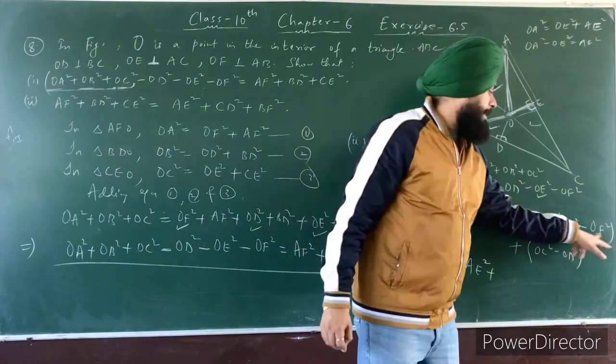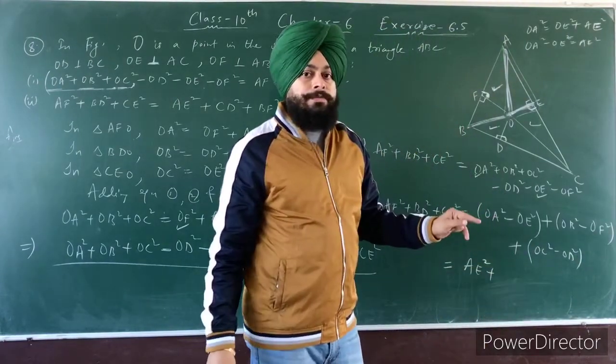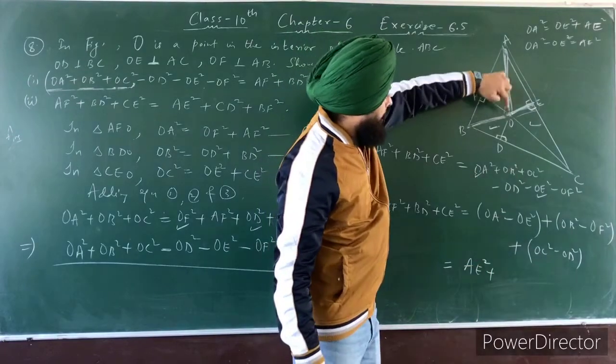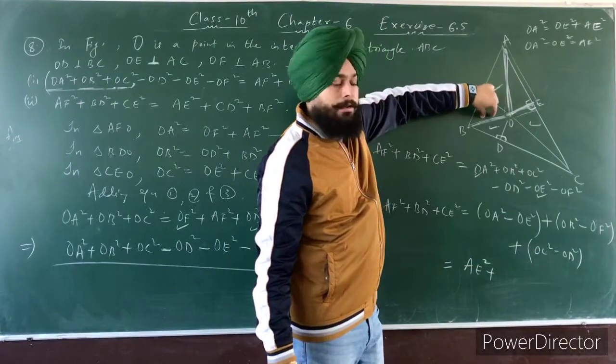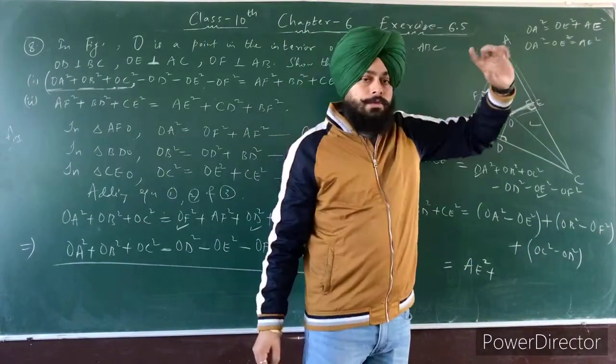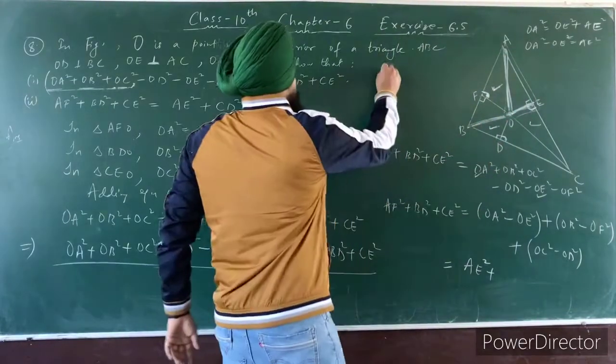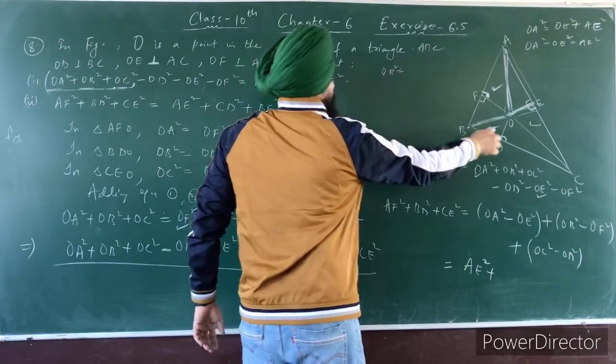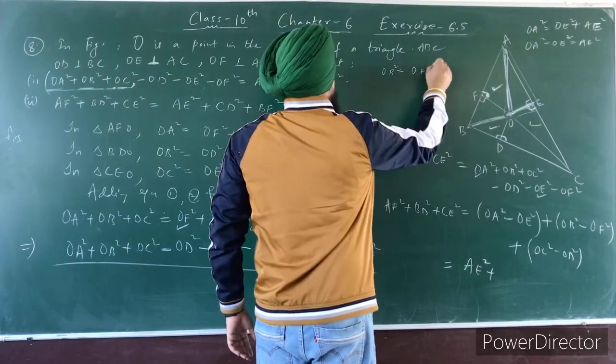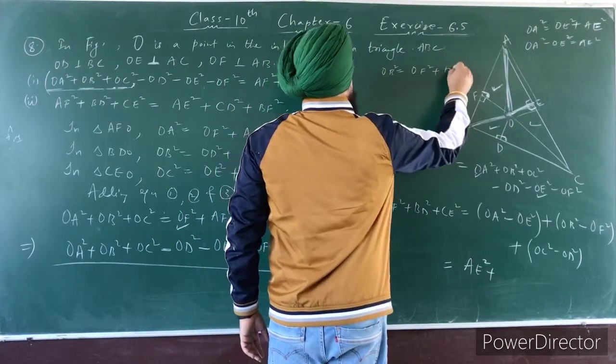Next, OB square minus OF square. OB and OF come in triangle BFO. In this triangle BFO, hypotenuse is OB. So you can write OB square is equal to OF square plus BF square.